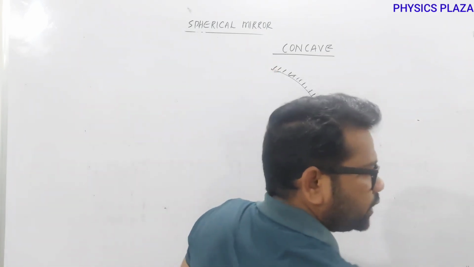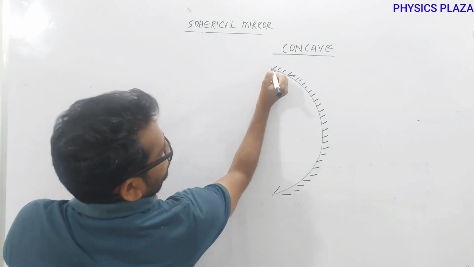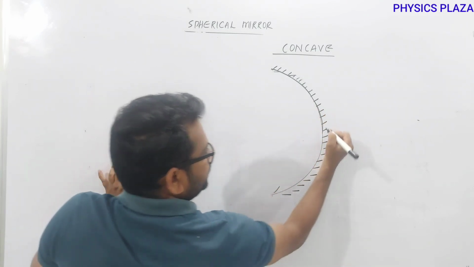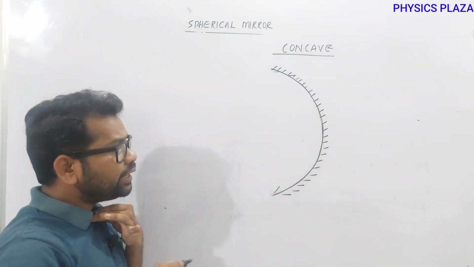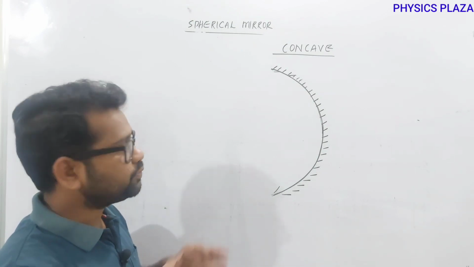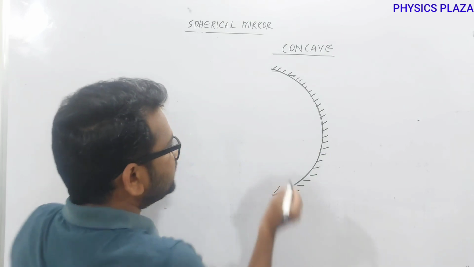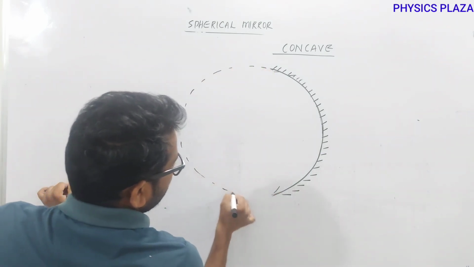Fine. Children, what type of mirror is this? It is a concave mirror. The first term: this spherical mirror, previously, children, don't you think it was a part of a glass hollow sphere?